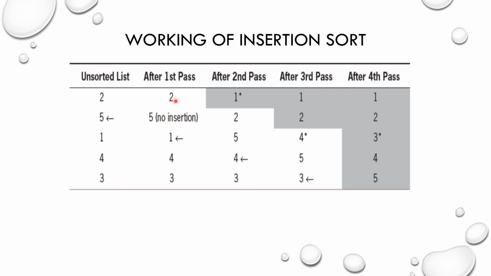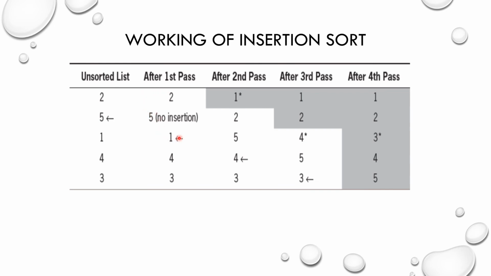As it is greater than 2, these two elements stay sorted in those positions. Then the next element 1 will come. Just see here, the previous two elements are sorted in those positions only, and their positions are not interchanged, as they are already in ascending order.